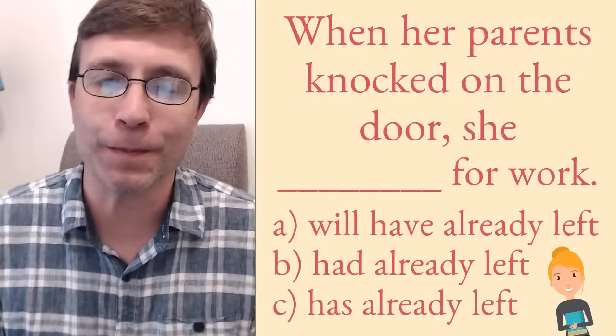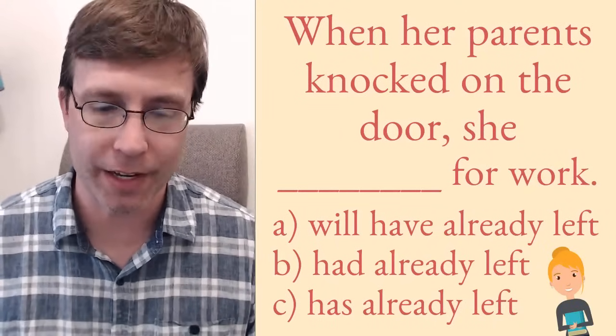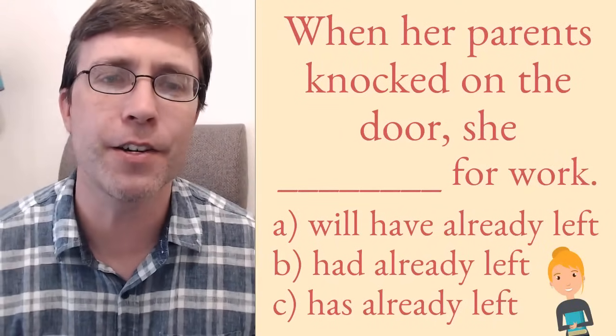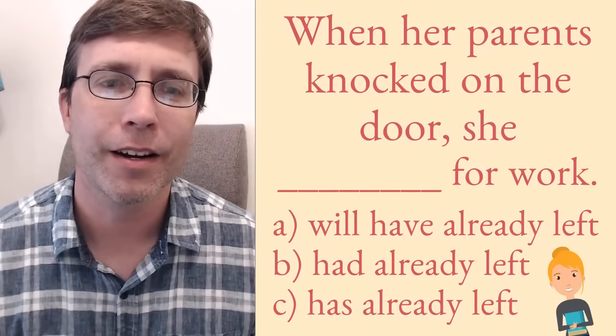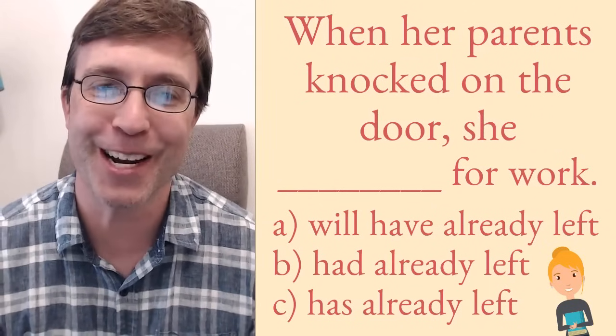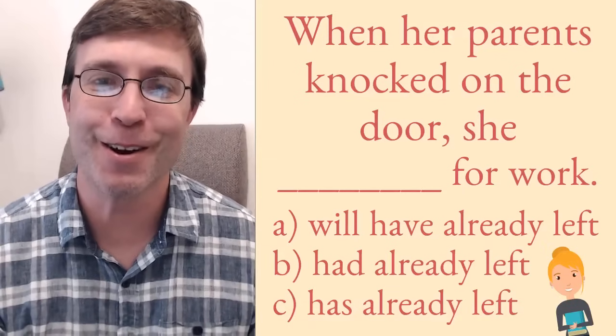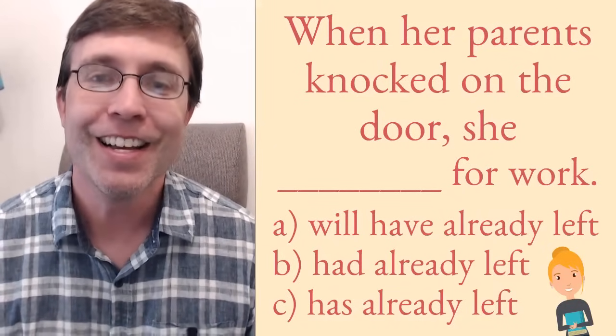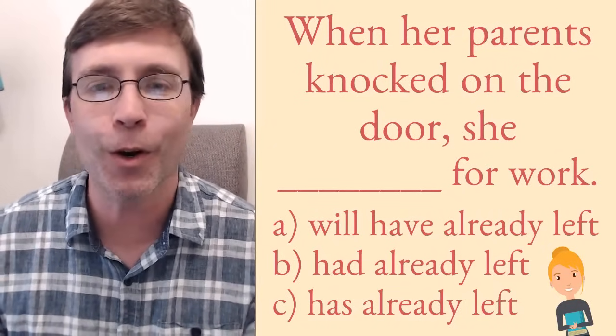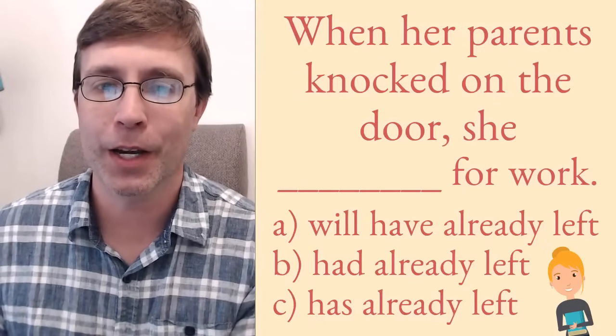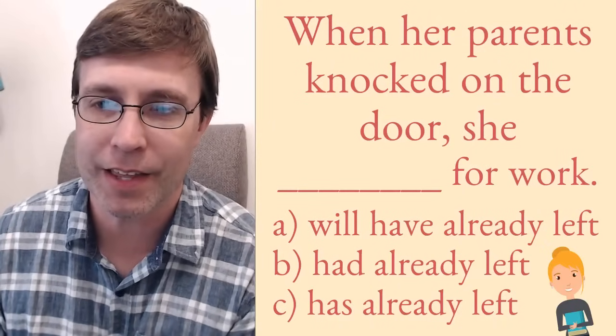Let's continue. When her parents knocked on the door. I don't know if you guys can hear me. I'm trying to simulate that knocking. When her parents knocked on the door, she blank for work. Okay, what do you guys think? All right.